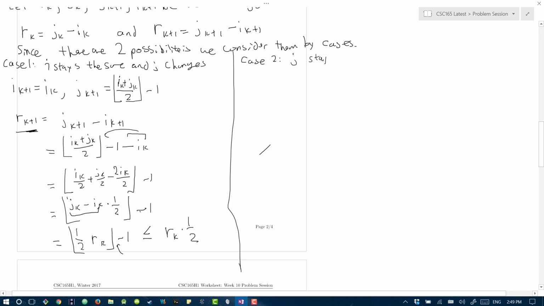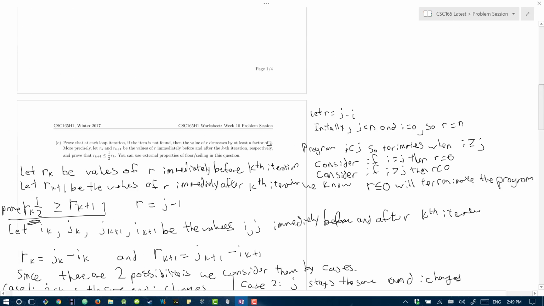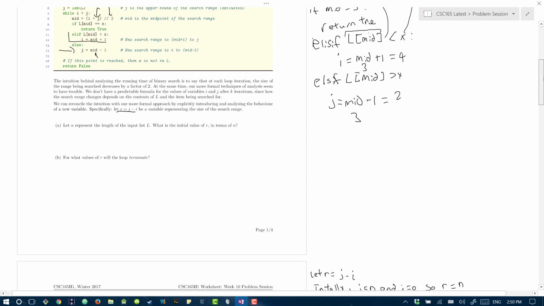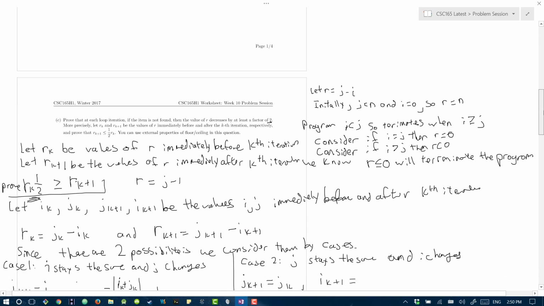And in case 2, j stays the same and i changes. Okay, so then j stays the same, then same thing, equals j_k, and then i_{k+1}, and then we consider the code. So now we're considering this. So we have j plus i divided by 2, plus 1.